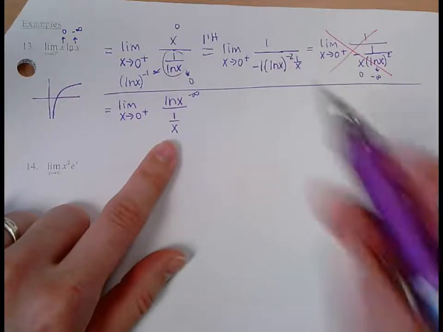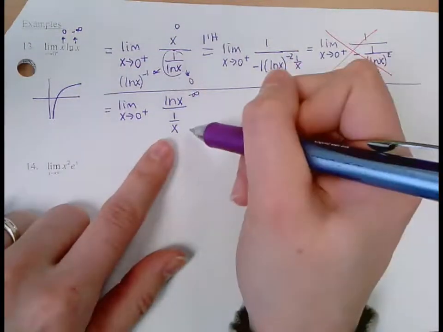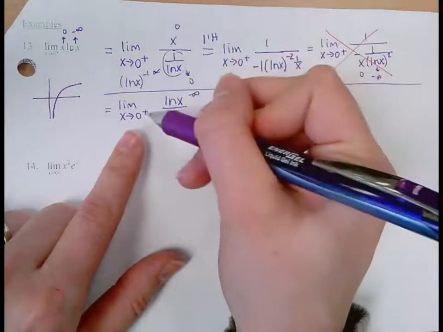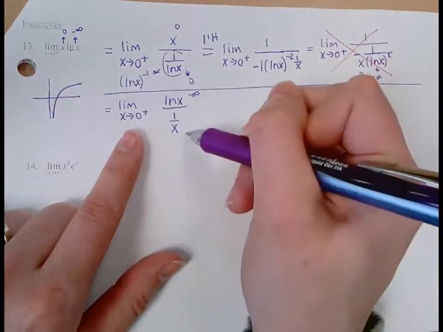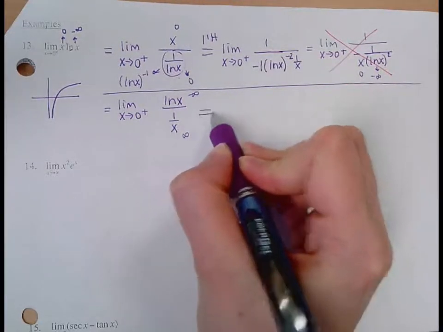Undefined means your limit is approaching either positive or negative infinity. And since here it doesn't really matter what the sign on the infinity is, since we're approaching from the right side, it'd be approaching positive. But if you get 1 over 0 or a number over 0, it means you're approaching either positive or negative infinity. So we can apply L'Hopital's rule for this.